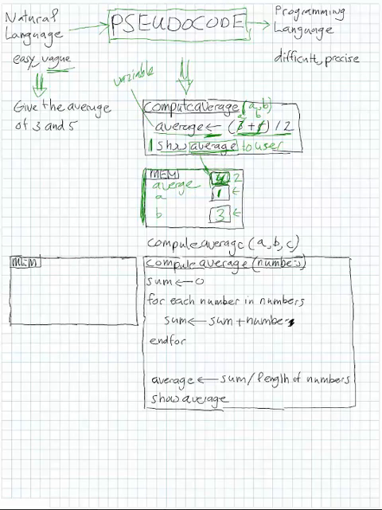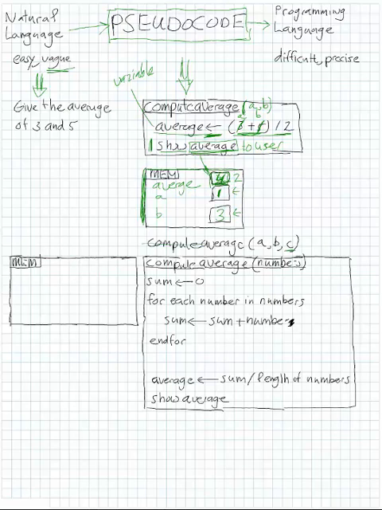What should we do if we want to compute the average of 3 numbers? Of course, we can make an algorithm which has 3 parameters instead of 2. So then we get compute average A, B, C. Well, that's not very flexible, because if we then decide to compute the average of 4 numbers, we have to make another algorithm with 4 parameters, etc., etc. And sometimes we just don't know how many numbers there are when the algorithm starts.